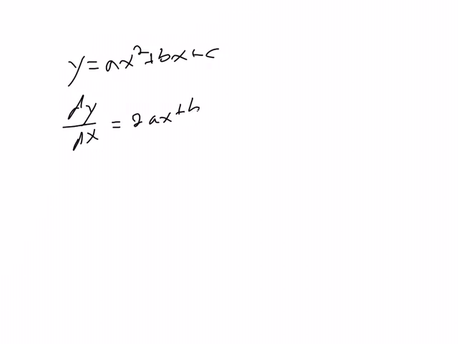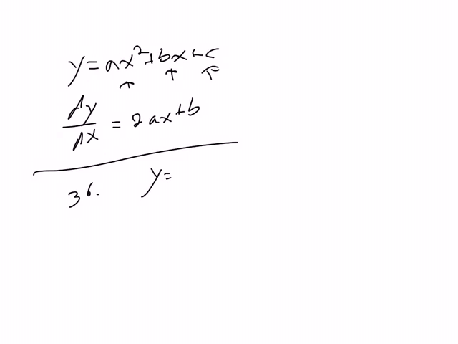Problem 35, nice generalization, y equals ax squared plus bx plus c. Then dy over dx is just going to be 2ax plus b. C vanishes, the derivative of bx is just b, and the derivative of ax squared becomes 2ax. Very simple. Okay, problem 36.